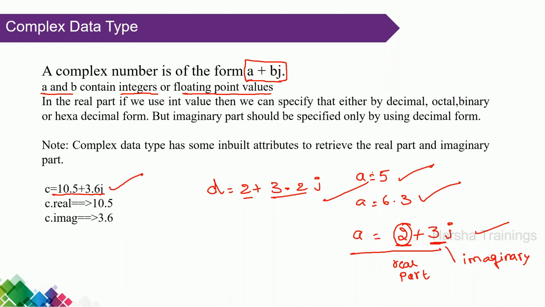Now, an integer can be represented in decimal, octal, binary, or hexadecimal format. But in the complex data type, we have some restriction. If you are using an integer value in the real part, you can use decimal, octal, binary, or hexadecimal form.